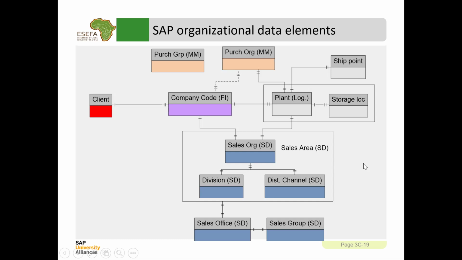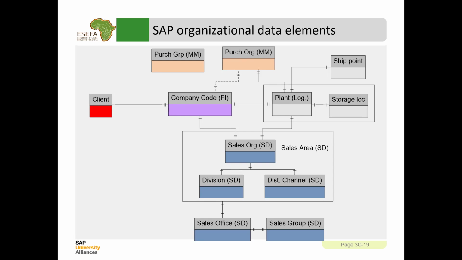the purchase group. You see your plant, storage, sales group. Under sales group, you see sales division, distribution channel, sales offices, and all that. Under your plant, you see storage location, you see ship point, you see plant.